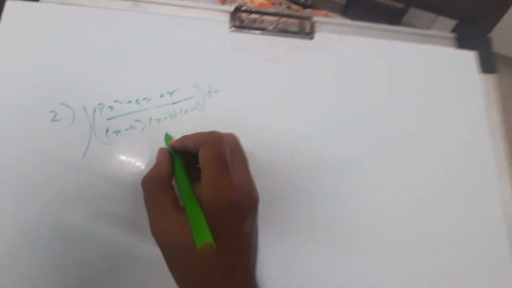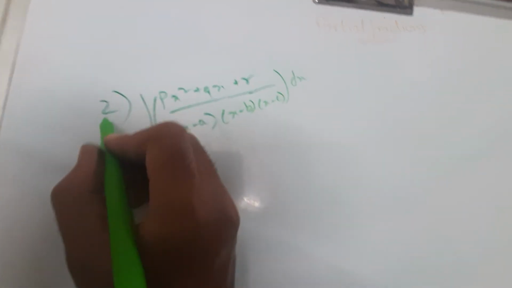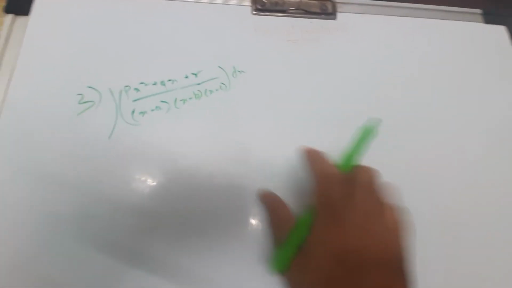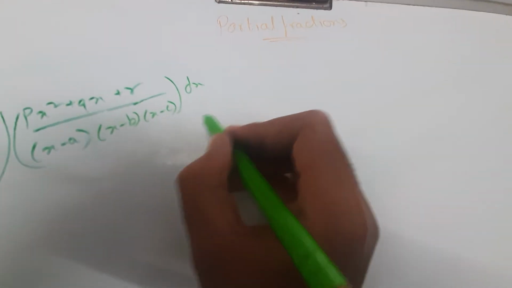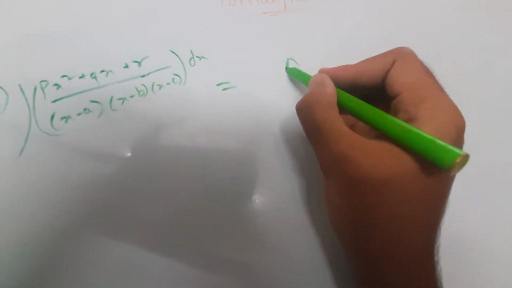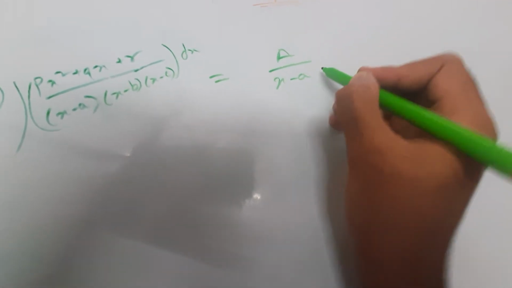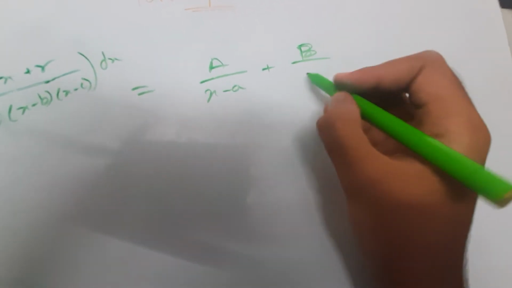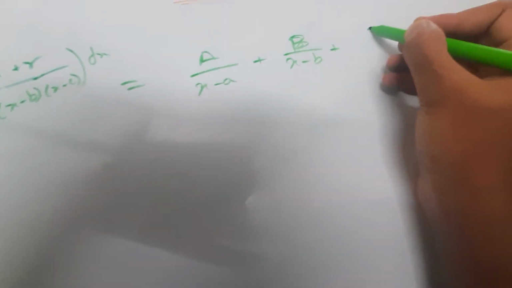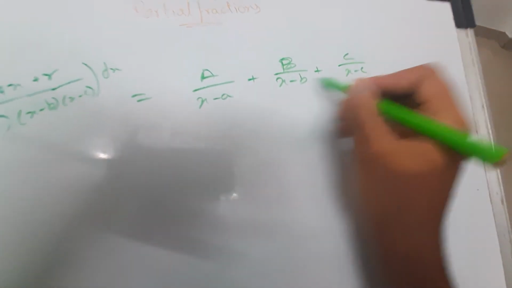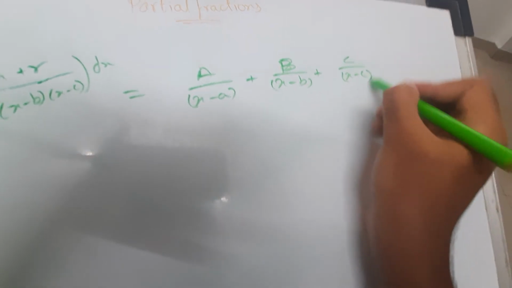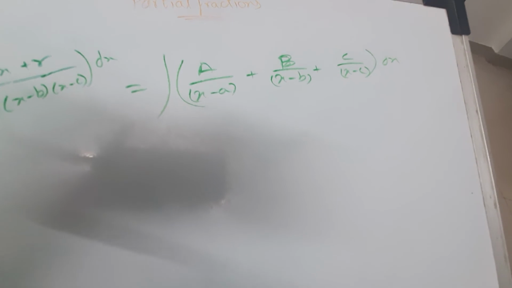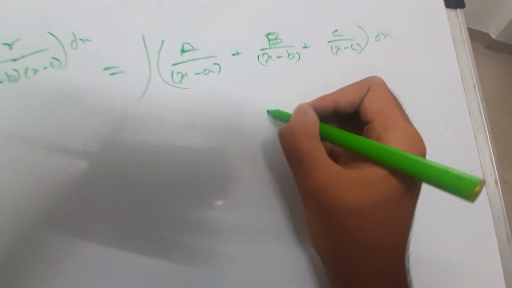Now this is actually very simple. I was first not going to do this, but since people might still be confused, I'll do this very quickly. From this, you're going to get A by (x - a) plus B by (x - b) plus C by (x - a), with integration dx, and you use the usual method.